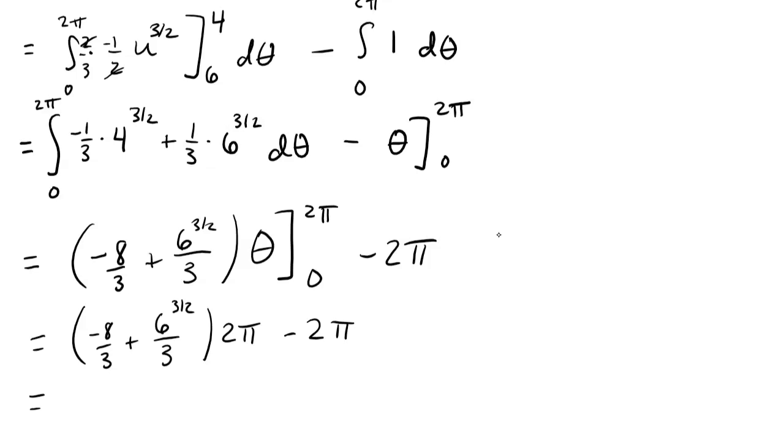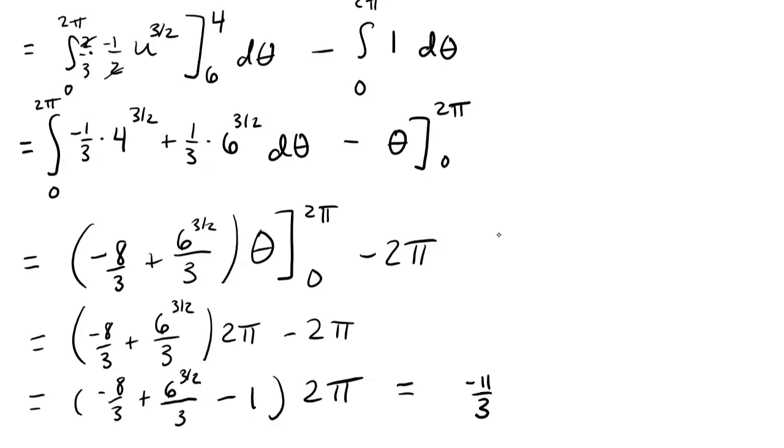So if we really want to, we could factor that 2 pi out. So we could have negative 8/3 plus 6 to the 3/2 over 3, all minus 1 times 2 pi, which we could do the negative 8/3 minus 3/3 would be negative 11/3 plus 6 to the 3/2 over 3, all times 2 pi.